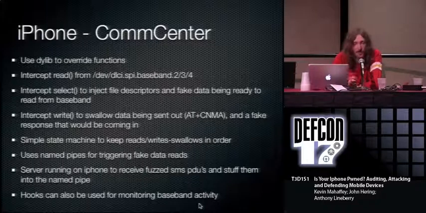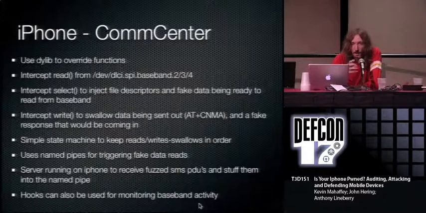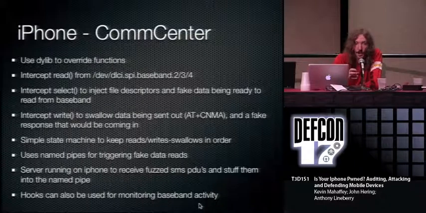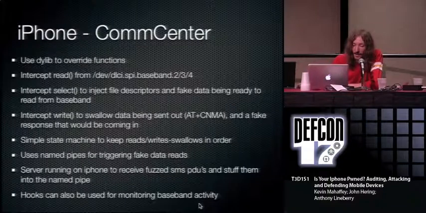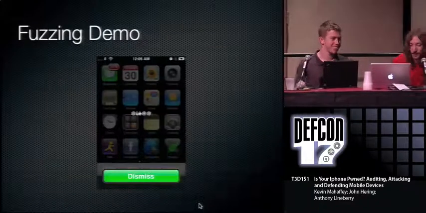Then we just use a simple state machine to keep track, because there are 3 different basebands that it reads from with an AT XDVRI and a CMT, and then it writes an AT CNMA to check if it actually got one. With our hooked write, we would swallow that and say that we wrote that to the baseband, and then fake a reply back rather than letting it actually reply. So basically, we man in the middle the radio on the iPhone. Yes, in simple terms.